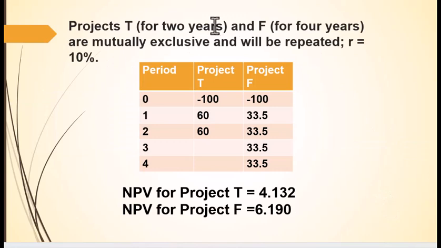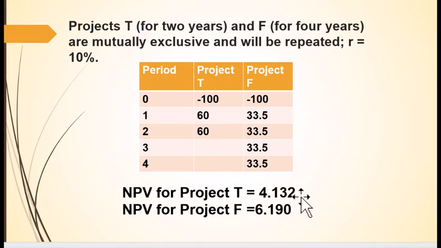Another challenge is if we have 2 projects that are mutually exclusive, but they have different lifespans. Since net present value is an additive process, projects with longer lives have a bias that they are more likely to be chosen just because they have more cash flows. So here we have 2 projects.